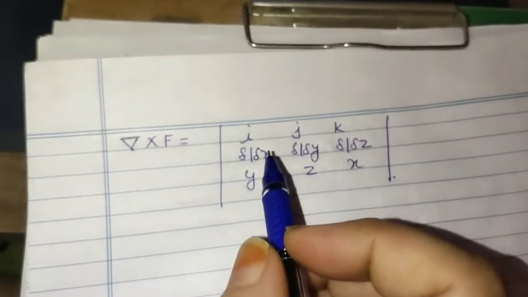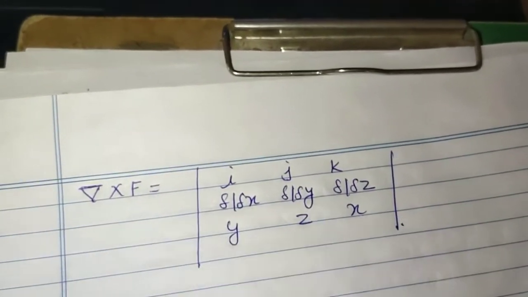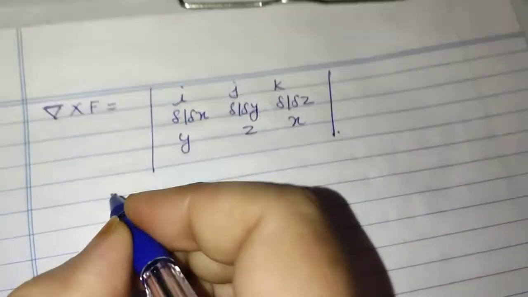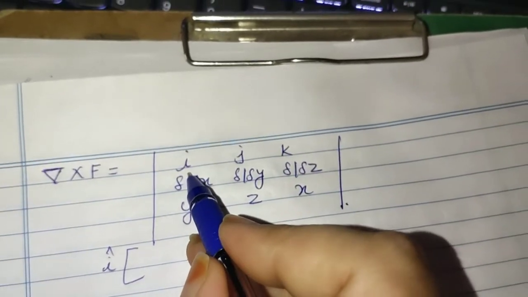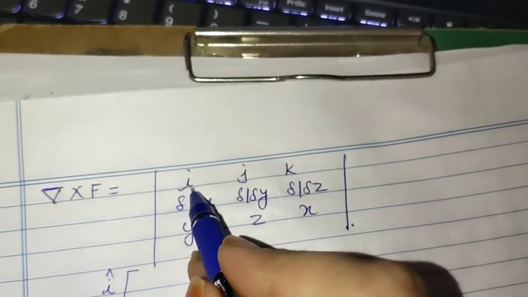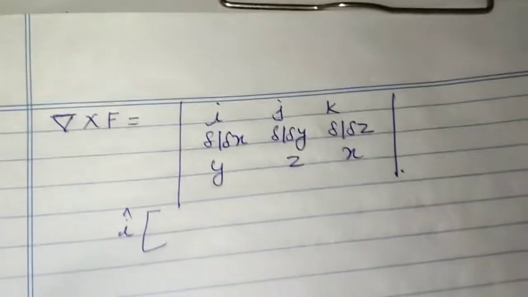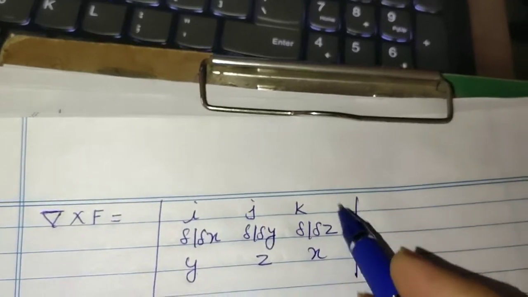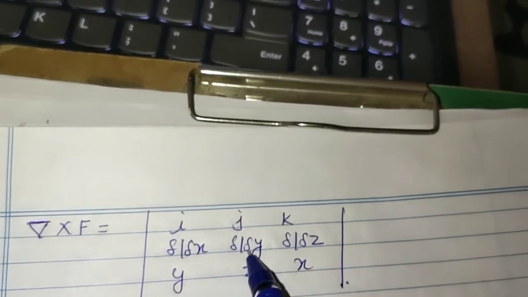So what will we do? I cap: first row and first column element is i cap. Ignoring this column and this row, this is the minor of this determinant.